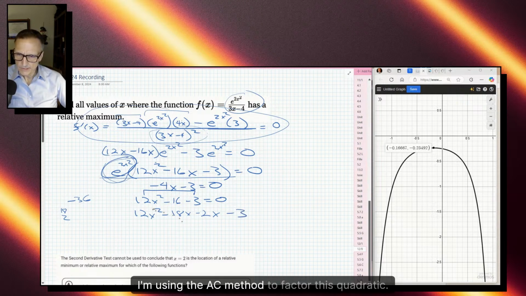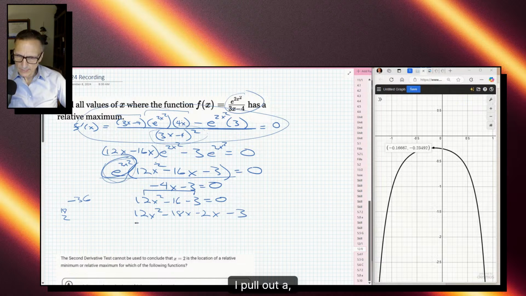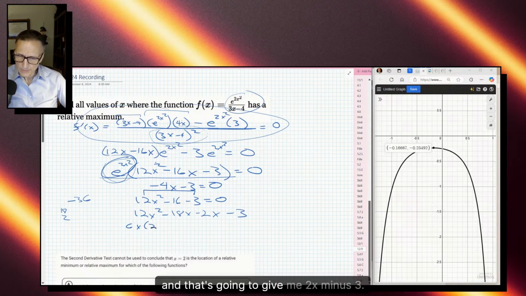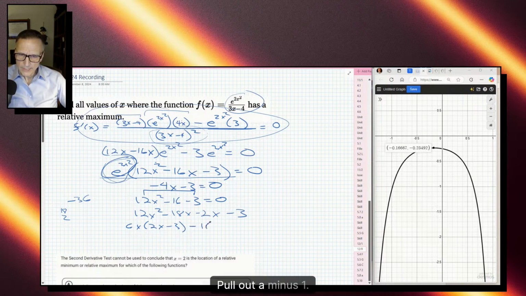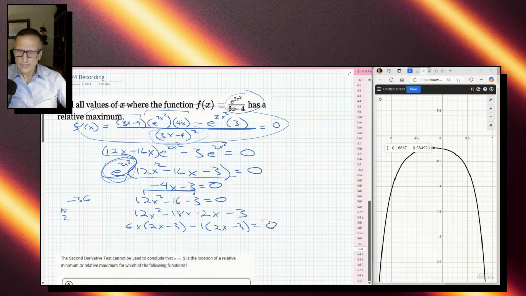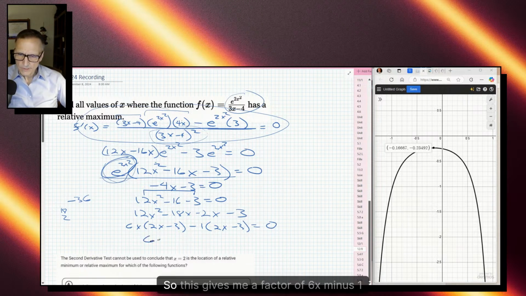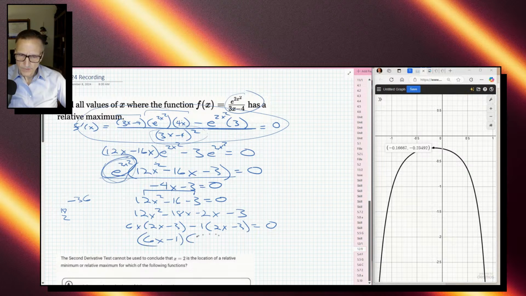I'm using the AC method to factor this quadratic. I pull out a 6x here, and that's going to give me 2x minus 3. Pull out a minus 1, I get a 2x minus 3 equals 0. So this gives me a factor of 6x minus 1 and a factor of 2x minus 3.